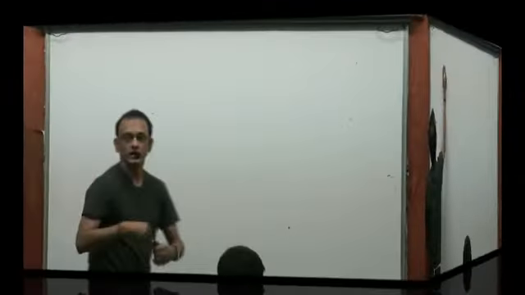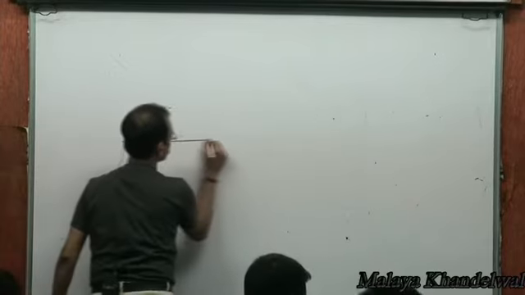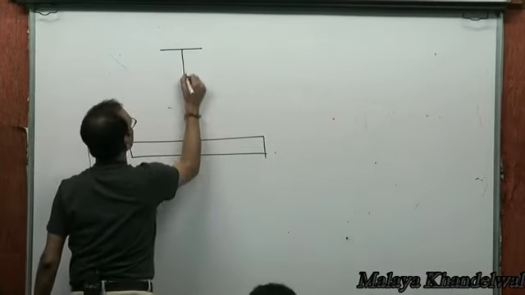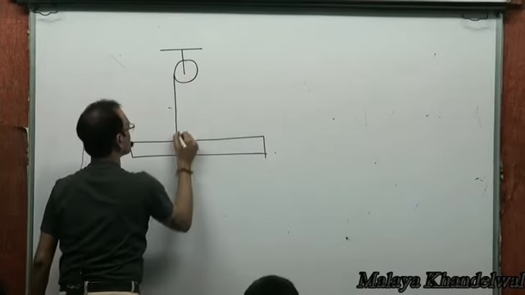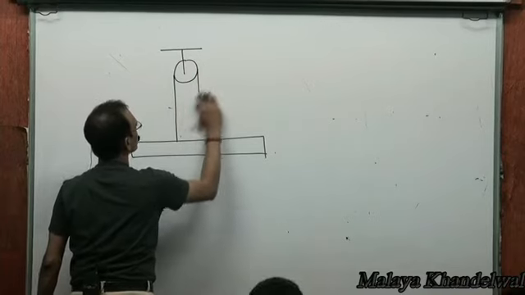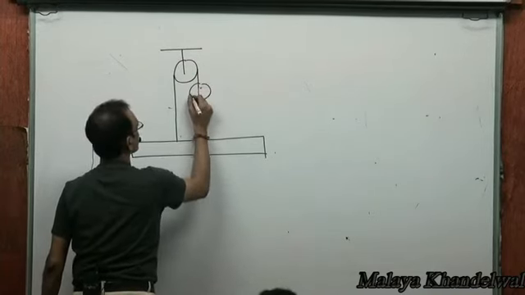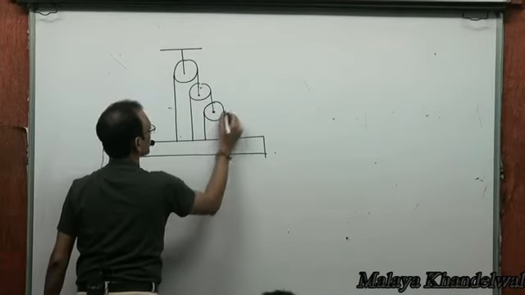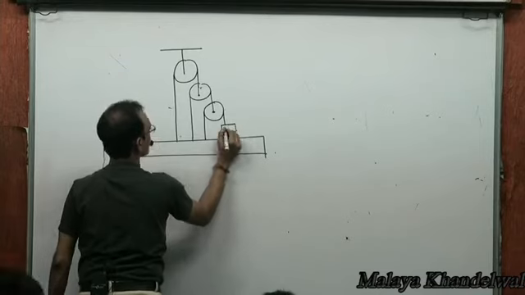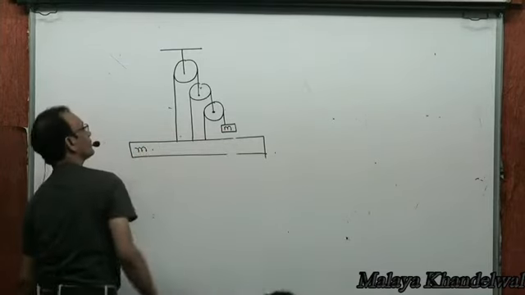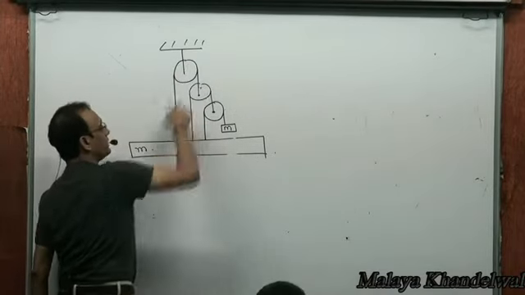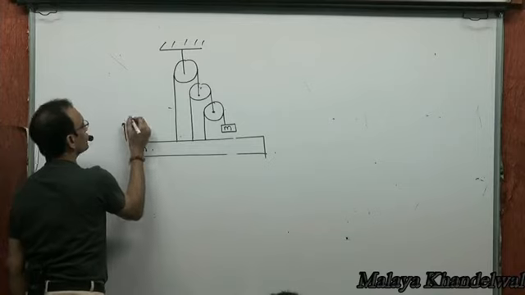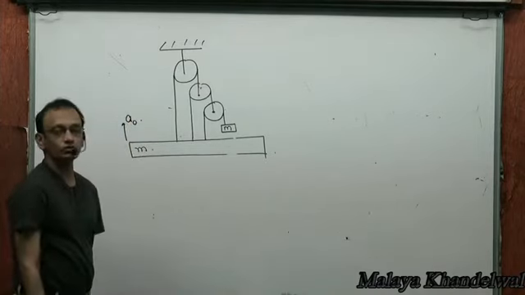Problem on string constraints. Attempt this first, please, all of you. All right, here's a system with one fixed pulley, a block, and this block is known to move up with an acceleration a naught.